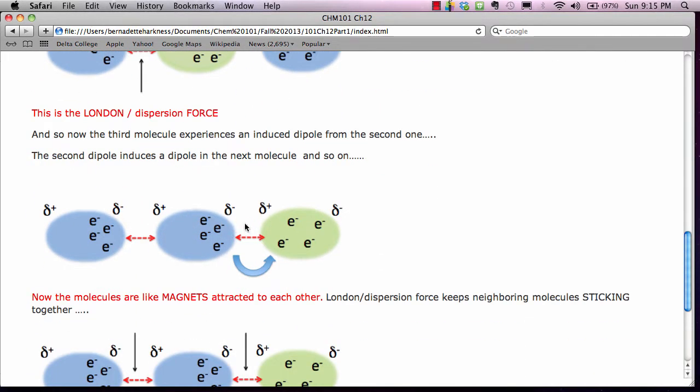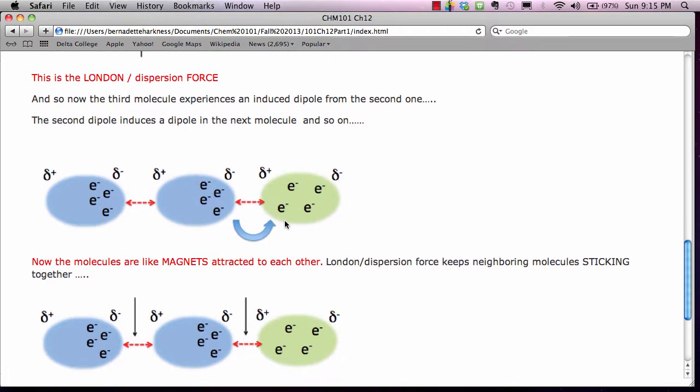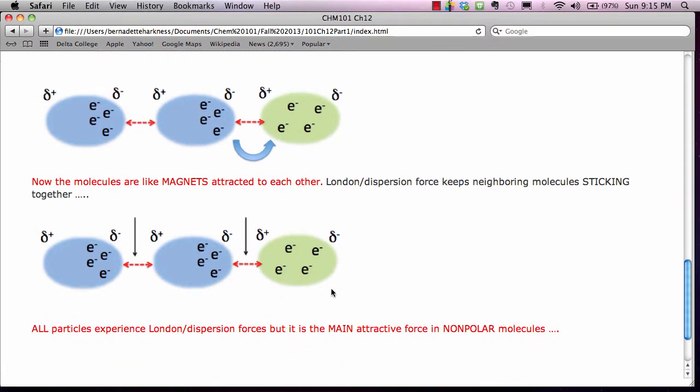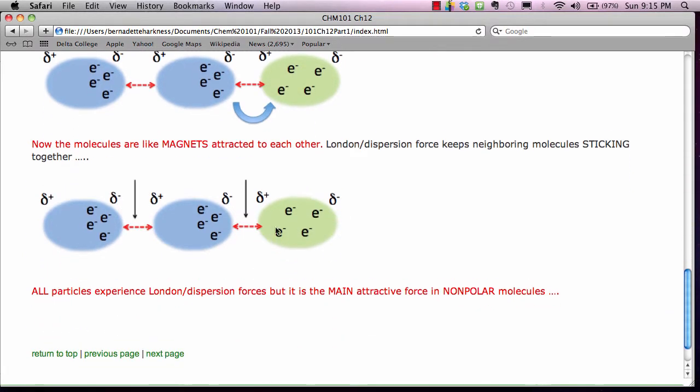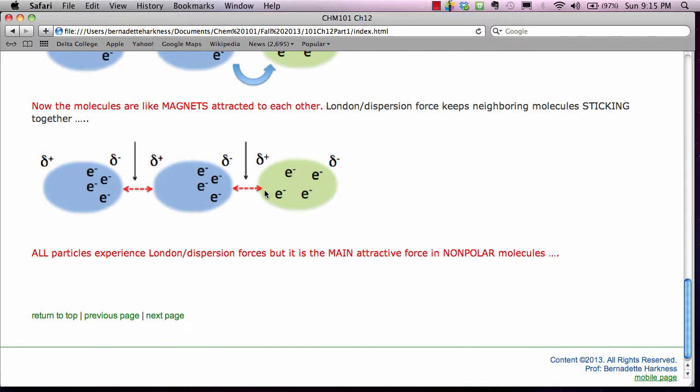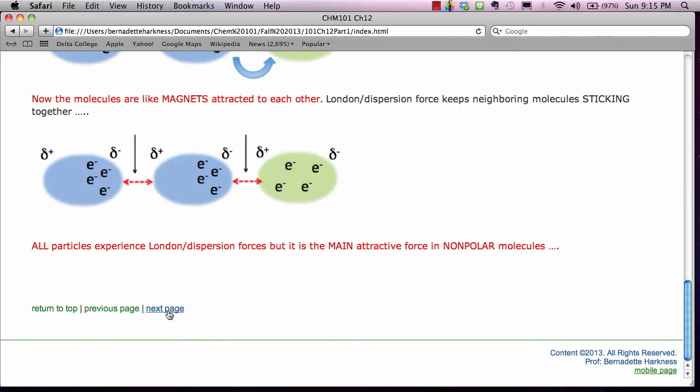The third molecule feels the effect of the instantaneous dipole in the second molecule, and its electrons run away to the right hand side, feeling an attractive force where there are fewer electrons. This attraction between temporary dipoles is called the London dispersion force. It's very temporary and relatively weak, but for nonpolar molecules this is the main attractive force.